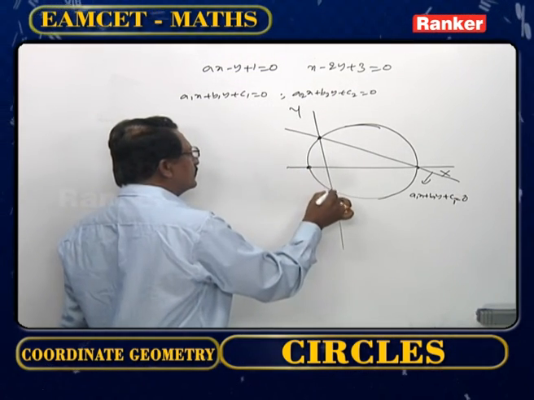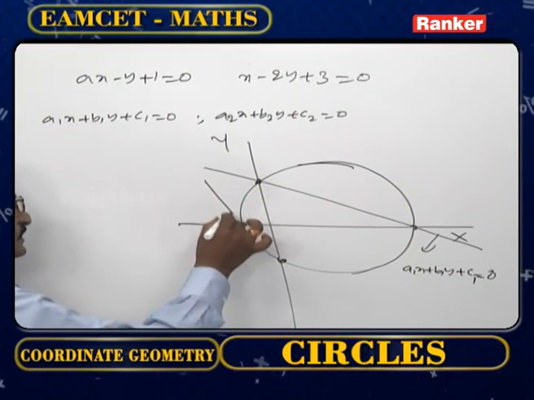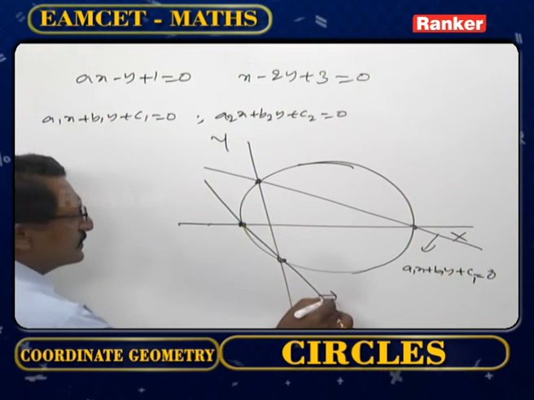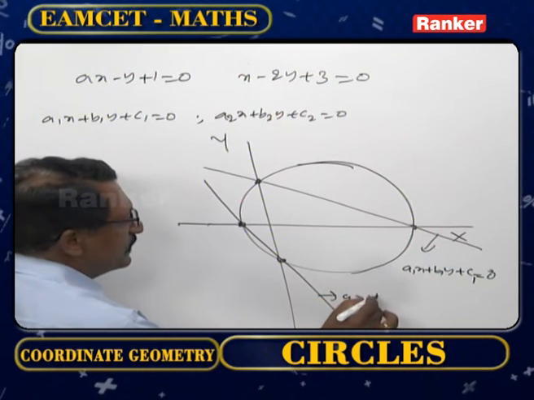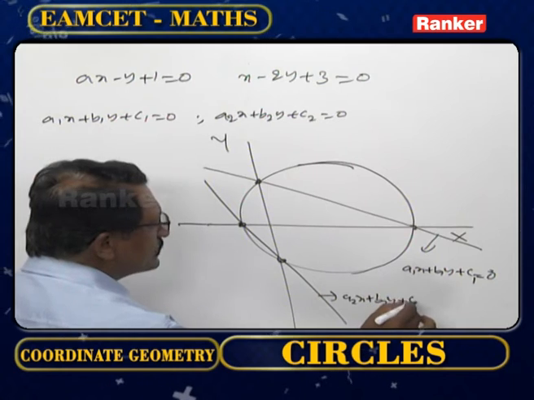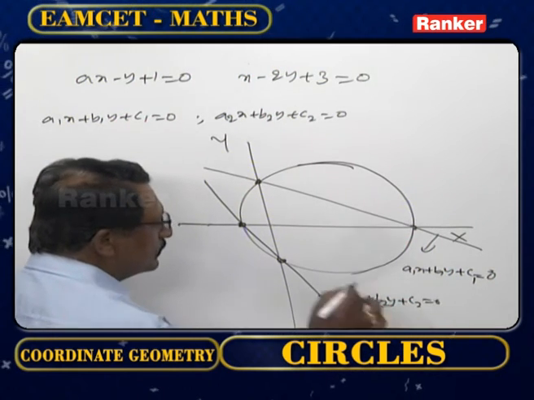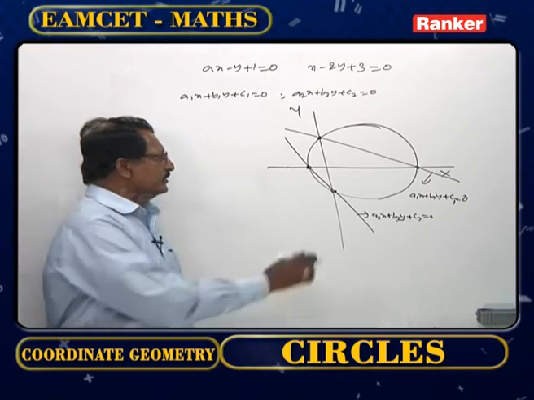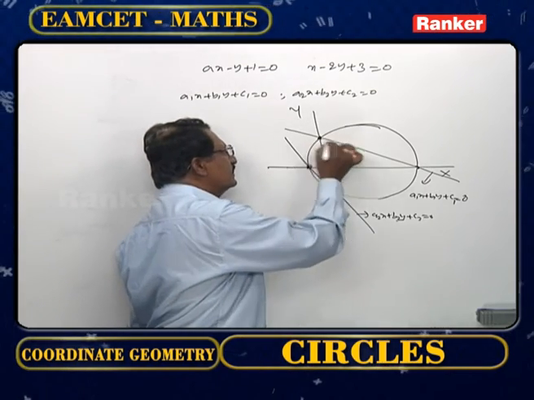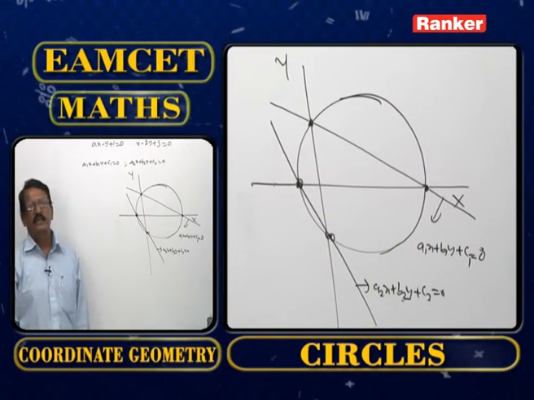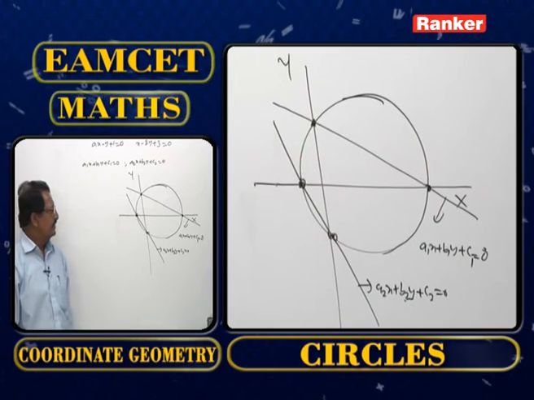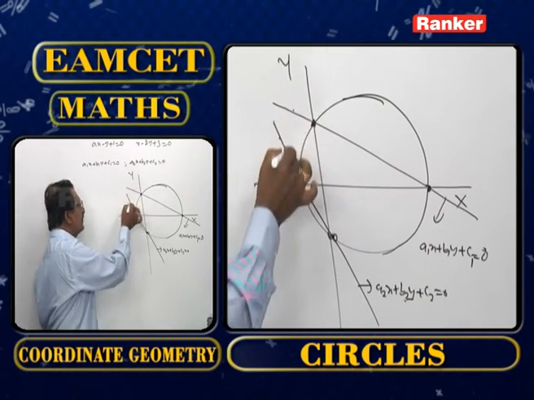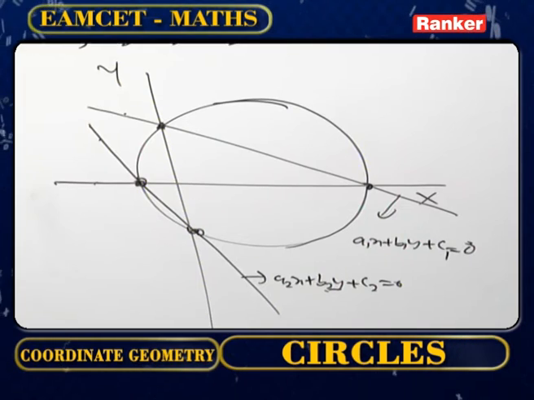The second line also intersects the axis in 2 points, with equation a2x plus b2y plus c2 equals to 0. But these 4 points lie on a circle. We require the condition.